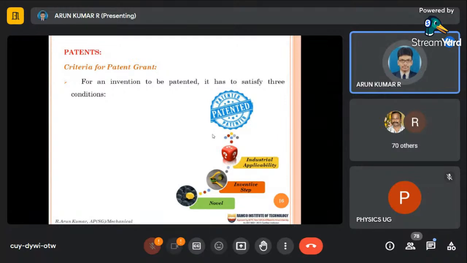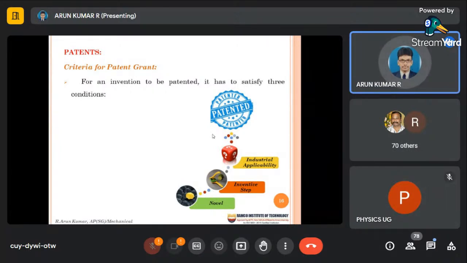When your invention satisfies these three criteria, provided it doesn't fall under the non-patentable inventions of Section 3 of the Patents Act 1970, then your invention is also eligible to get a grant of patent.